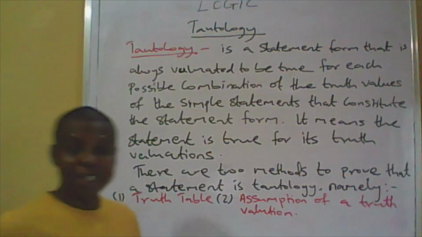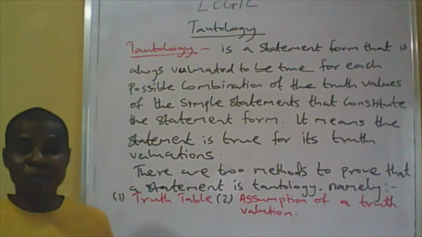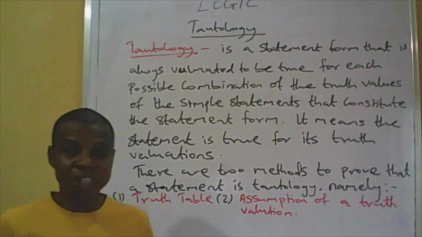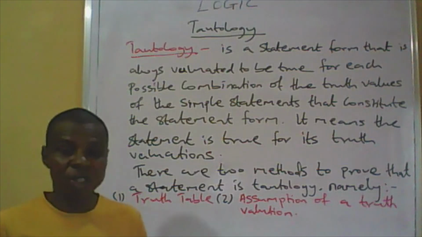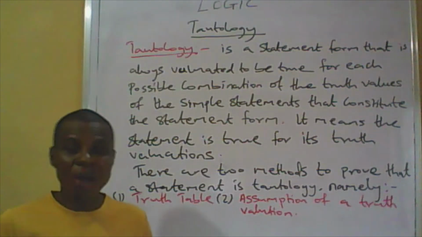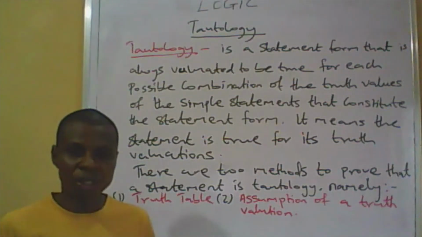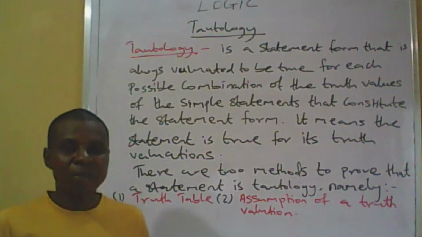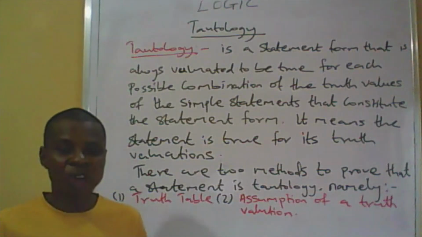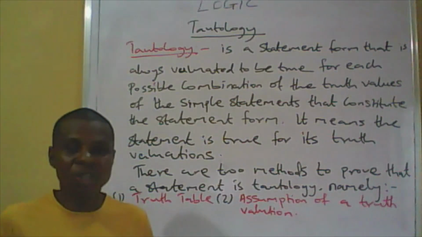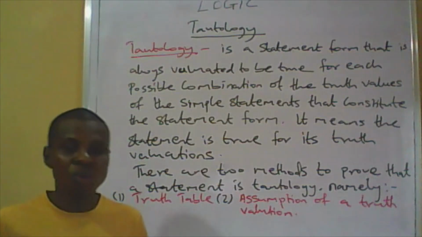He said there are two methods to prove that a statement is a tautology. One is by truth table. We can use truth table to prove that a statement is a tautology. Second one is by the assumption of a truth valuation. That is, we assume whether the statement is true or false, but you always assume that it is false.